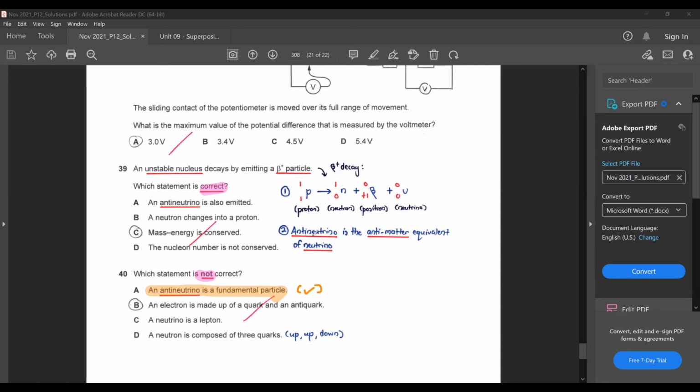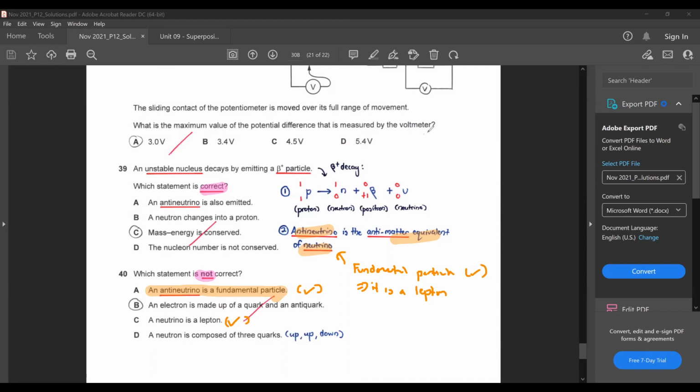Anti-neutrino is the antimatter equivalent of neutrino, and neutrino is fundamental particle. This is correct. So A is correct. A neutrino is a lepton. That is also correct. It is a lepton. All right. So C is also correct. Neutrino is a lepton, is a fundamental particle.